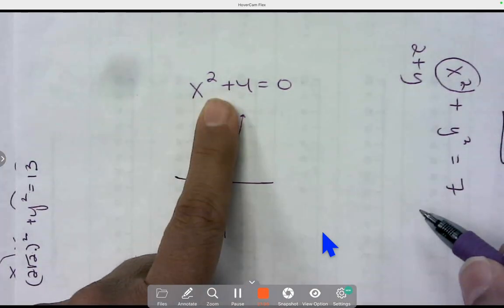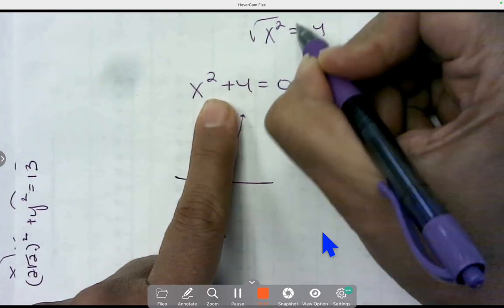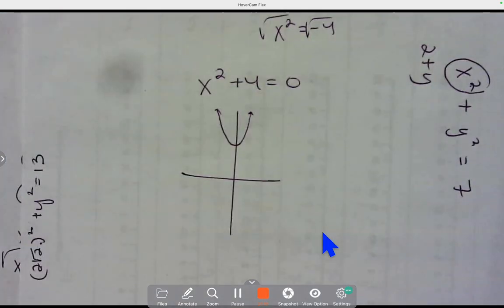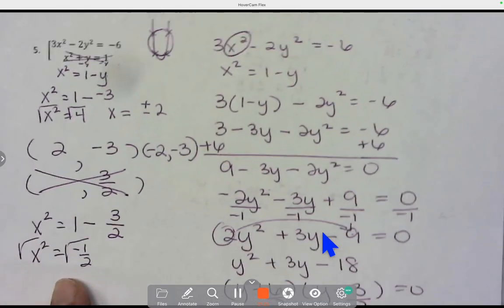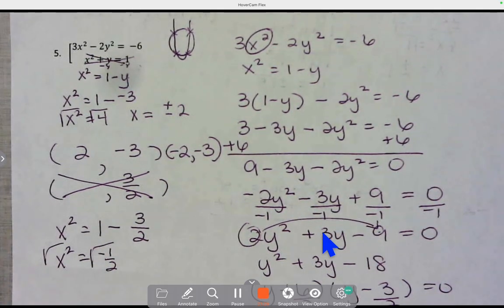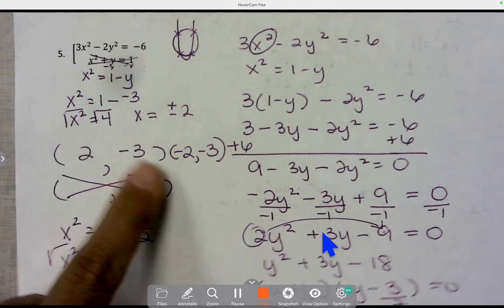And if you try to solve that, you subtract 4, you square root a negative. That's plus or minus 2i. We've learned how to replace the square root of a negative number with i, but it doesn't exist. There are no x-intercepts with this. So same with this. When it comes out to be a negative, it's not going to intersect anywhere when y is 3/2. Okay, so those are your two solutions.